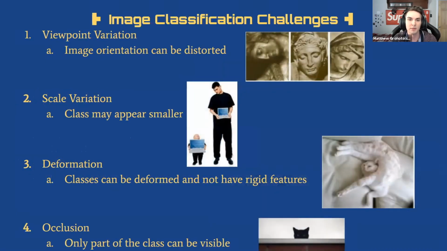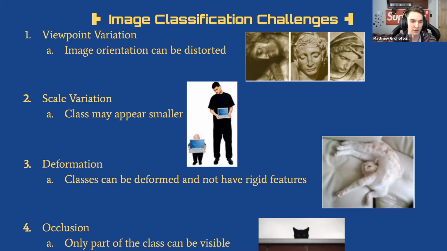So some image classification challenges that we could run into along the way are viewpoint variation. So what happens if an image is turned or distorted? Also scale variations. So in one image, Pokemon might be very small, or in another, it might be very blown up or closer to the frame in the camera.